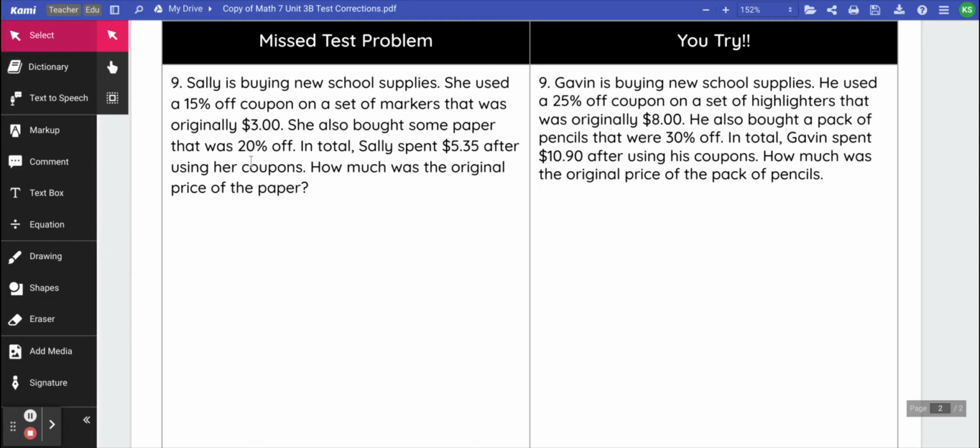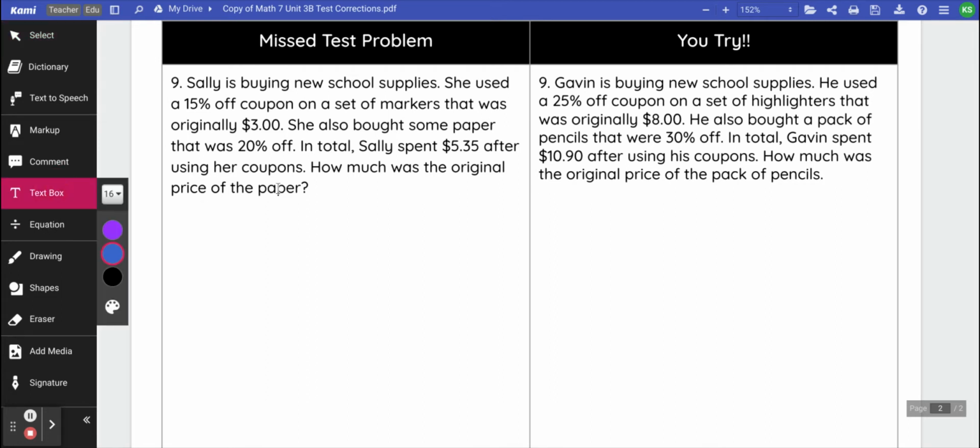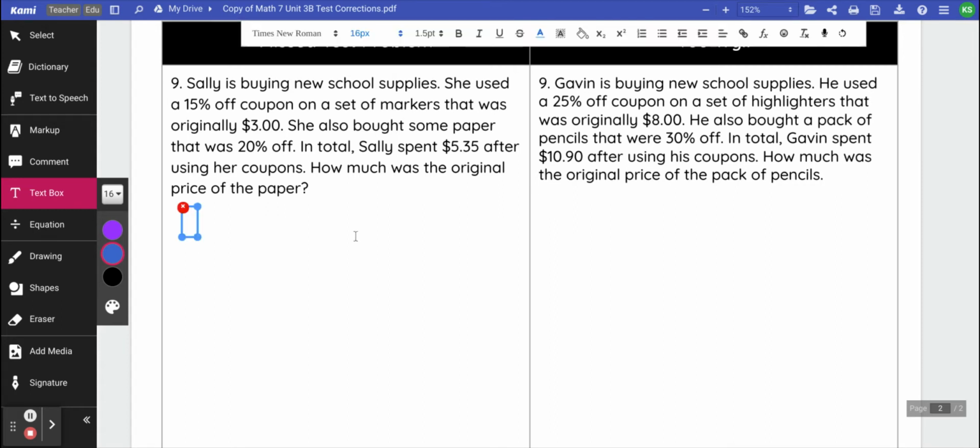Okay, so first thing is it's going to be a couple pieces to solve this problem. First thing I'm going to look at is how much the actual set of markers cost. To figure that out, I'm going to multiply the price of the markers, which originally was $3, by the 15%.